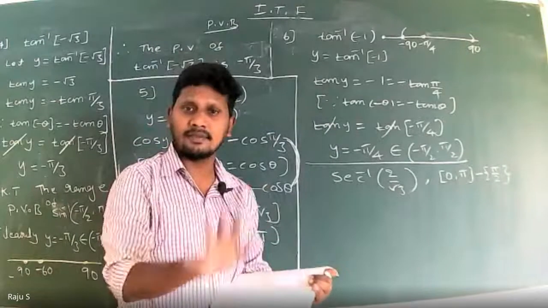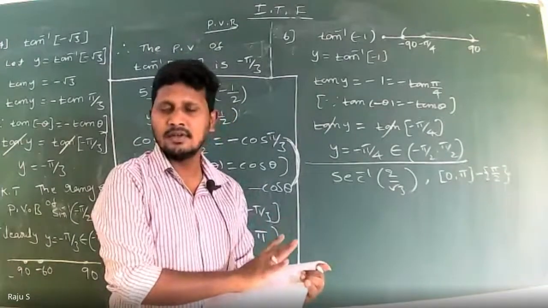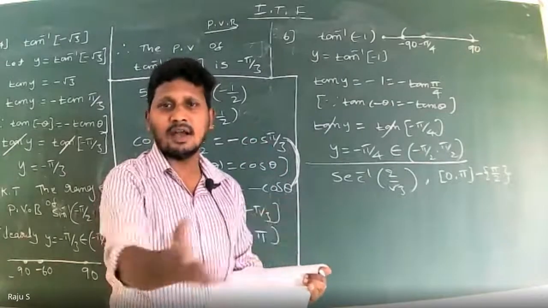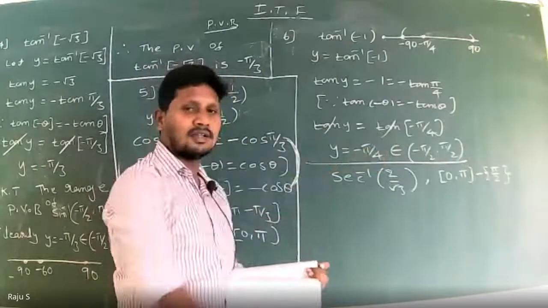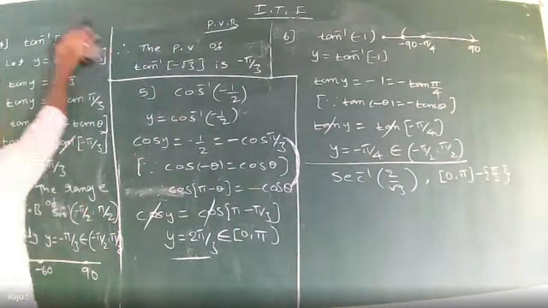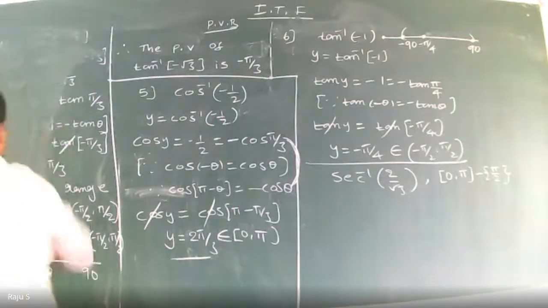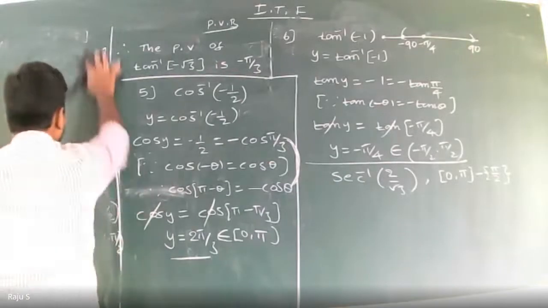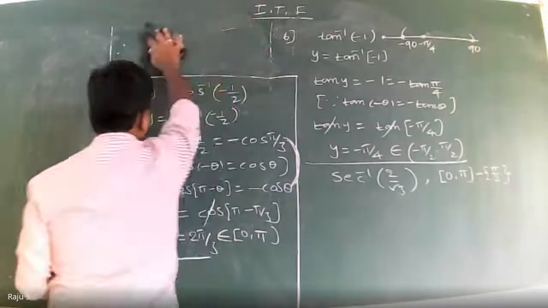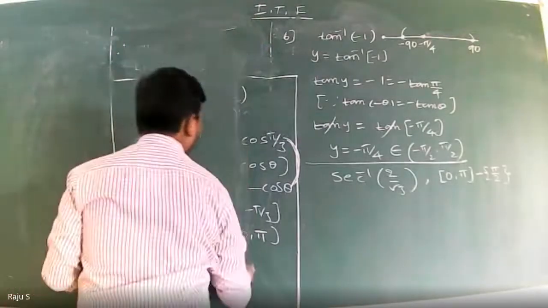That is the only difference between cos and secant. Secant 90 is undefined, so we should not consider 90. The answer is what then?